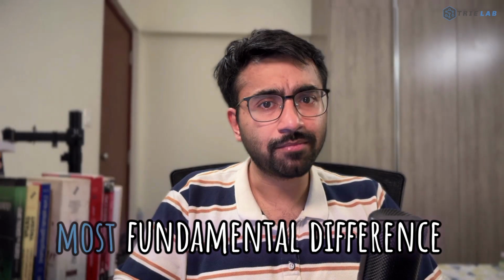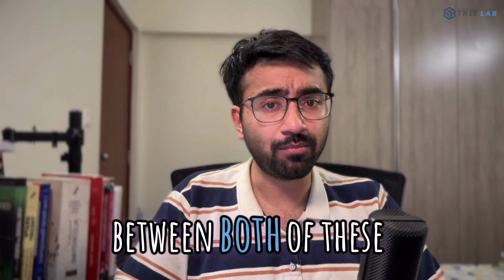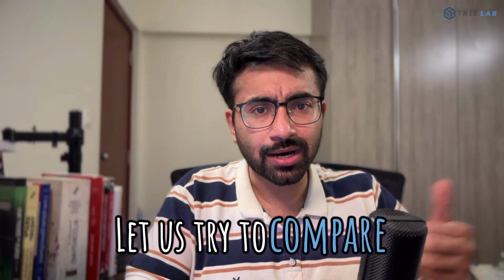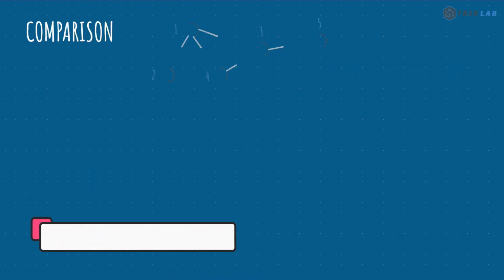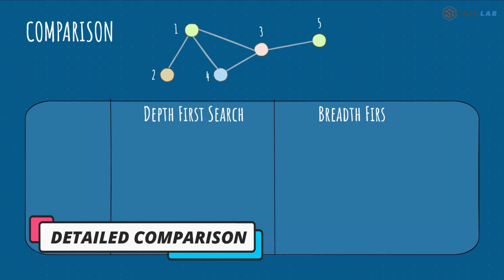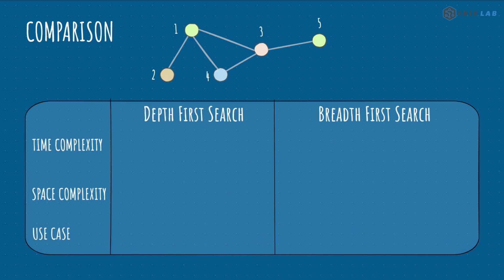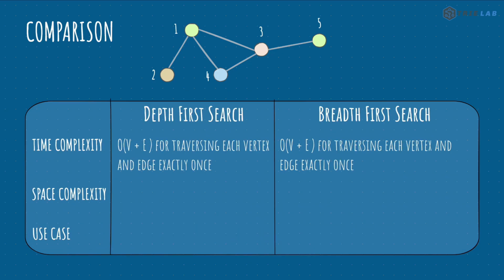Well, now that we know the most fundamental difference between both of these algorithms, let's try to compare them in a more detailed manner. Now, the time complexity for depth-first search and breadth-first search is big O of V plus E, where V is the number of vertices and E is the number of edges. Now, this is because we are visiting each vertex and edge exactly once during both the traversals.